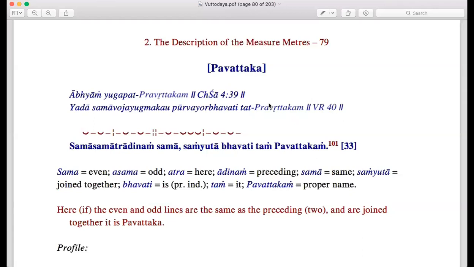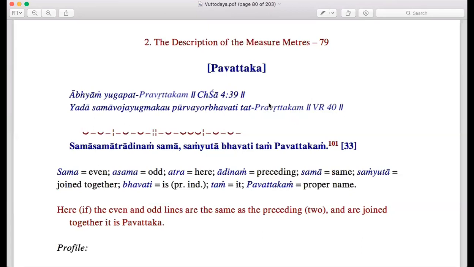Saṁyutta, joined together. Odd and even lines of the previous verses are equally joined together here. So the odd line and even line belong to the previous verse, and we take them from the previous verse to this verse, and we equally join them in this verse.